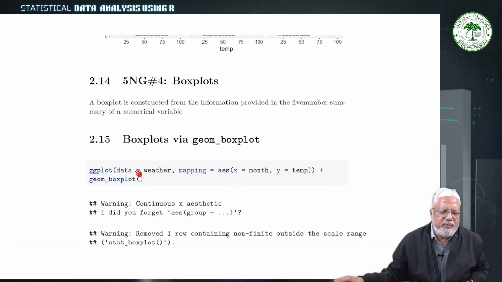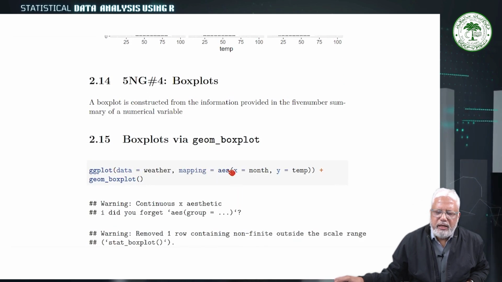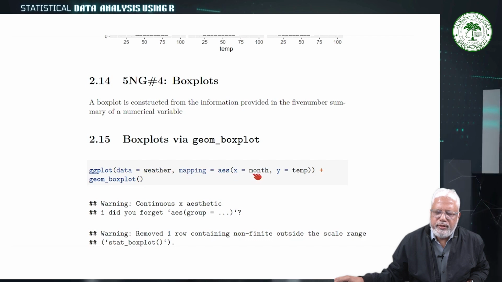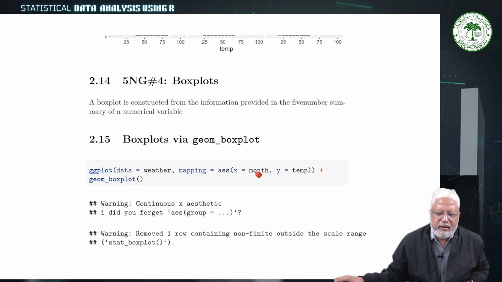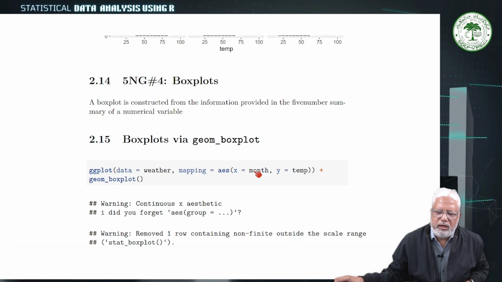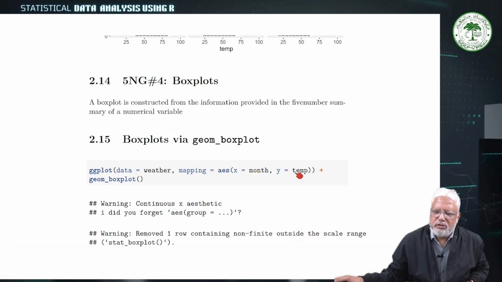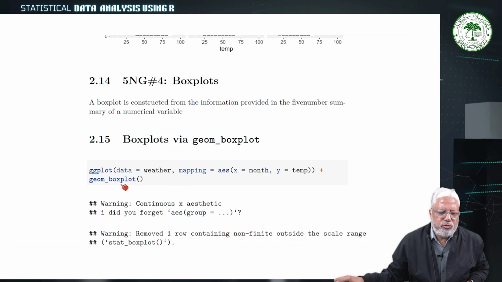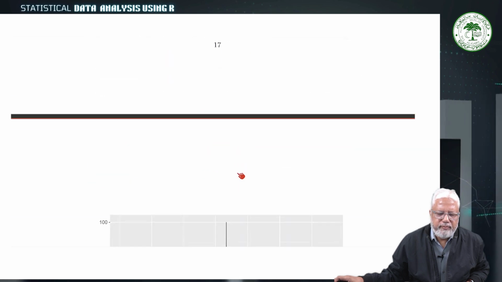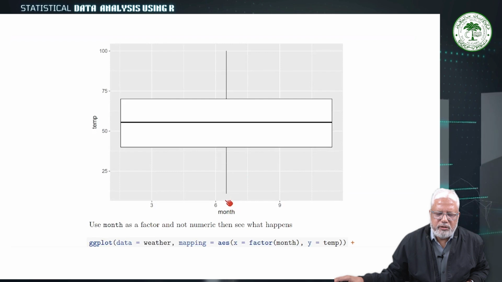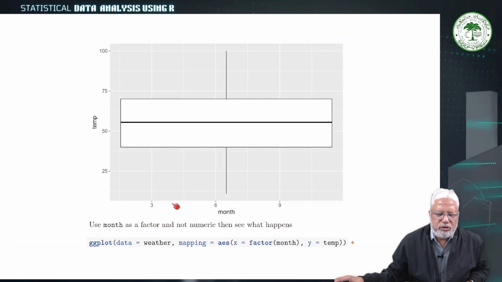So, here geom_boxplot, data equal to weather, mapping aes x equal to month. Month is in numbers, 1 to 12, and y axis is equal to temperature. See what happens, it gives this kind of box plot, because here month is numeric.